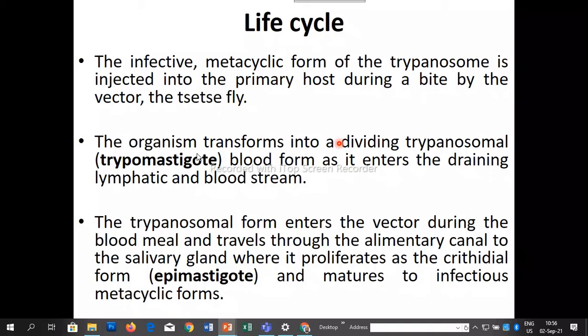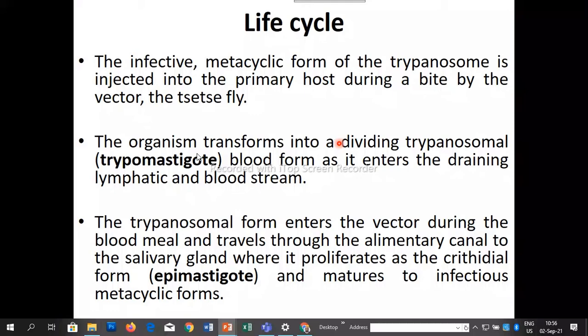As they enter the lymphatic and blood stream, trypomastigotes enter the vector during a blood meal and travel through the alimentary canal to the salivary gland, where they proliferate to the epimastigote form, and mature to the infectious form, which is the metacyclic form.